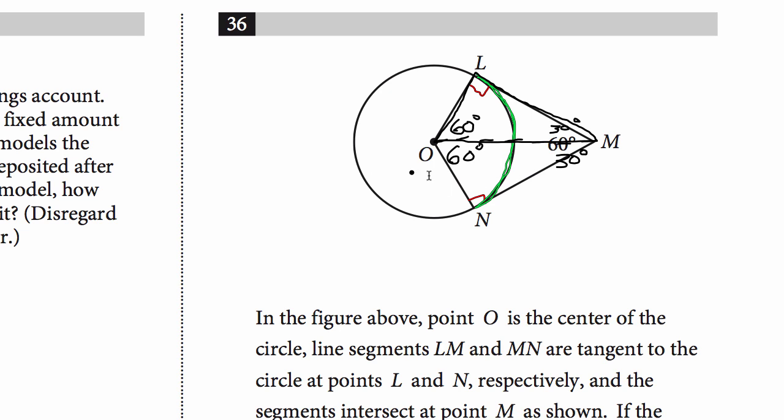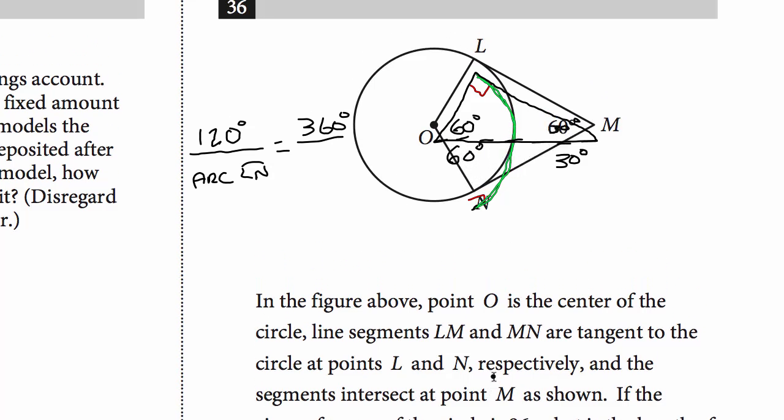So now this angle is 120 degrees, and that's going to be the inscribed angle of that arc. So 120 degrees gives you arc LN, right? What does 360 degrees give you? Well, all the way around gives you the distance around the circle, which we call the circumference, which was 96.